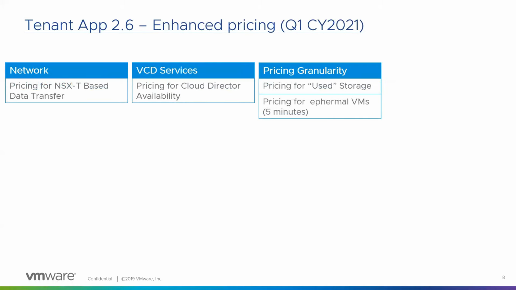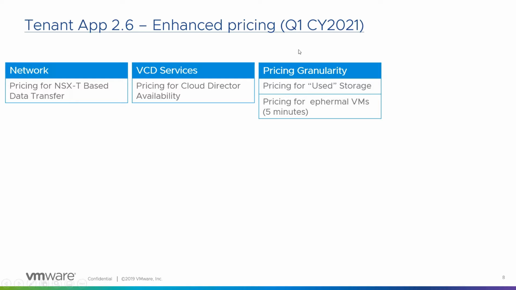All right, here. So like I was saying, the three key pieces that we introduced: we enhanced our pricing umbrella for NSX-T based data transfer. We can also now price the services that are offered by Cloud Director availability.